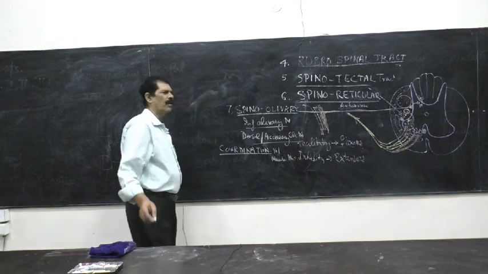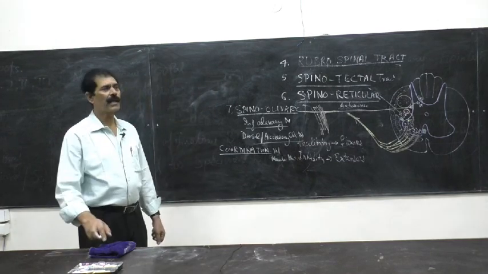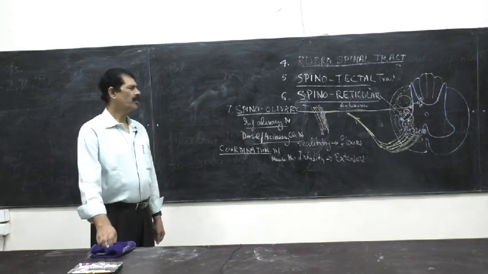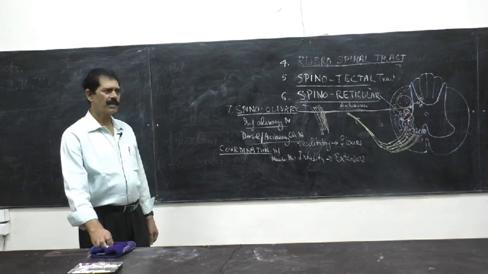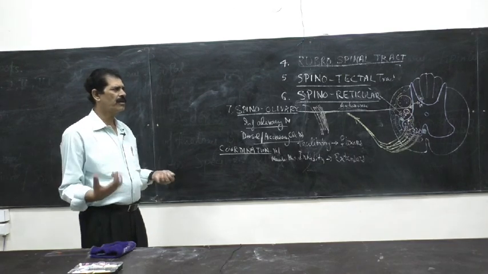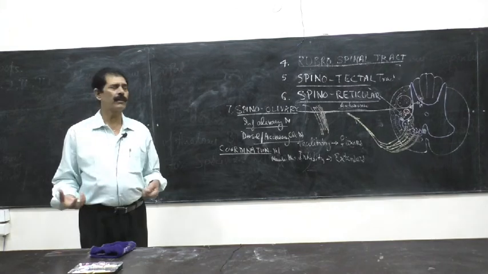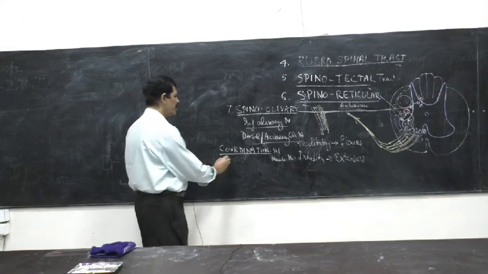We know the olivary nucleus is also connected to the cerebellum. So they are also concerned with the coordination of the right and left side of the movement, and indirectly connected to posture or equilibrium maintenance.